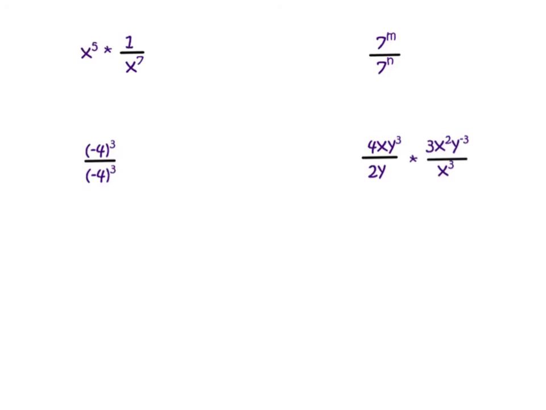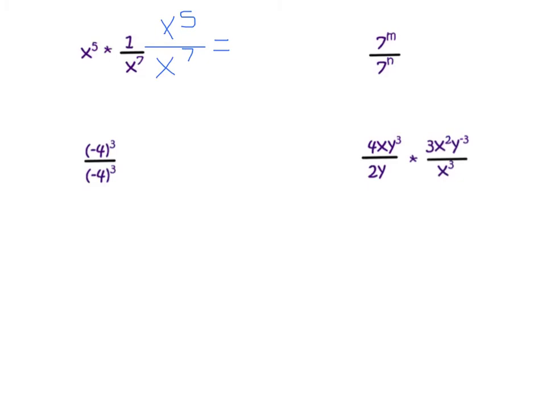So let's do some examples where we're combining many of the properties. So here, you're multiplying. So we have x to the 5th over x to the 7th. You are never going to leave two variables that are the same in a solution where you are simplifying. So we could do this a couple different ways.